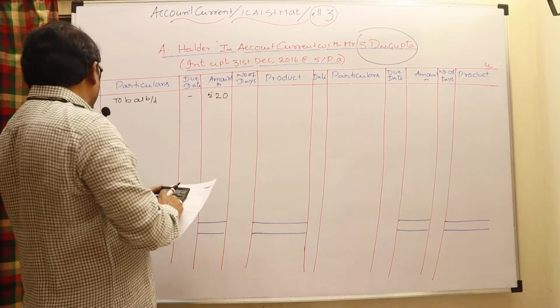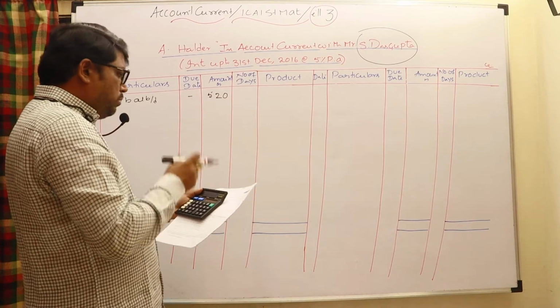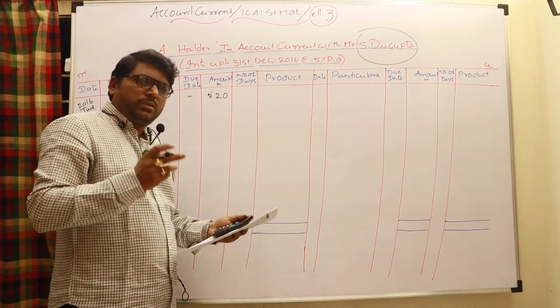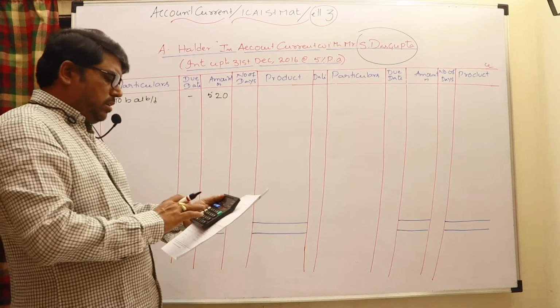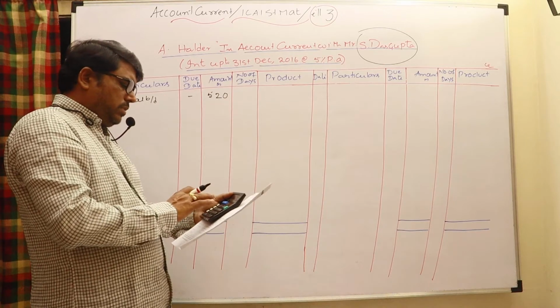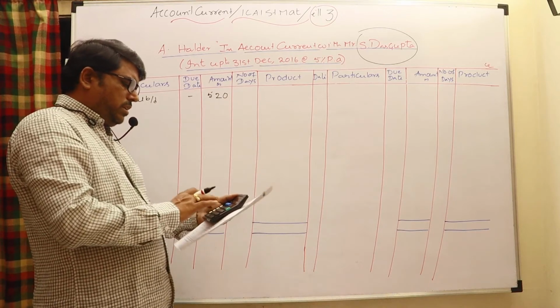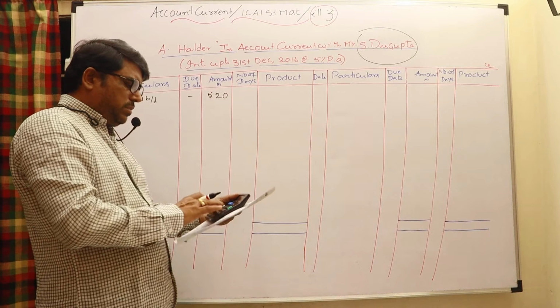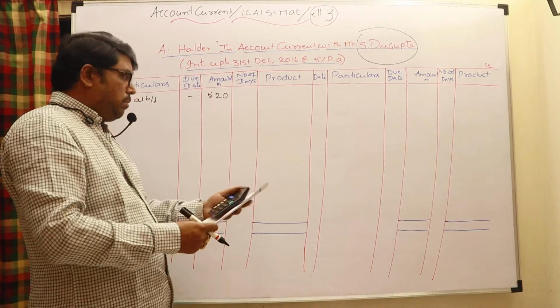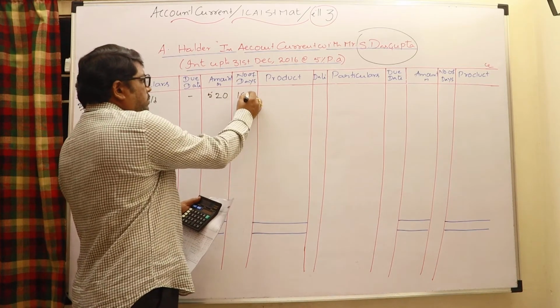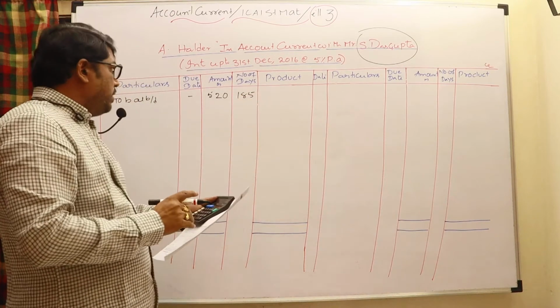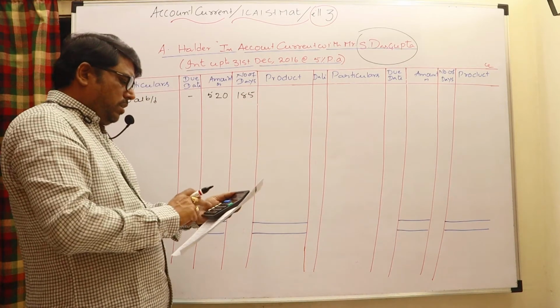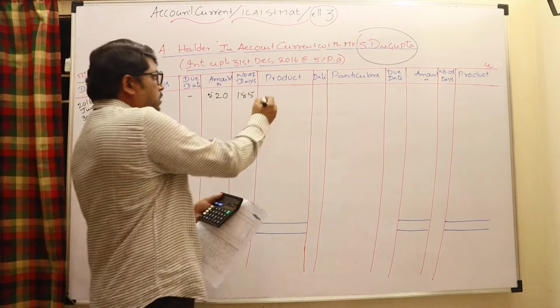Now let us take June 30. That day also should be considered, meaning one day in June. Then July 31, August 31, September 30, October 31, November 30, December 31. The total number of days is 185. Multiply 185 into 520, and the resulting amount is 96,200.